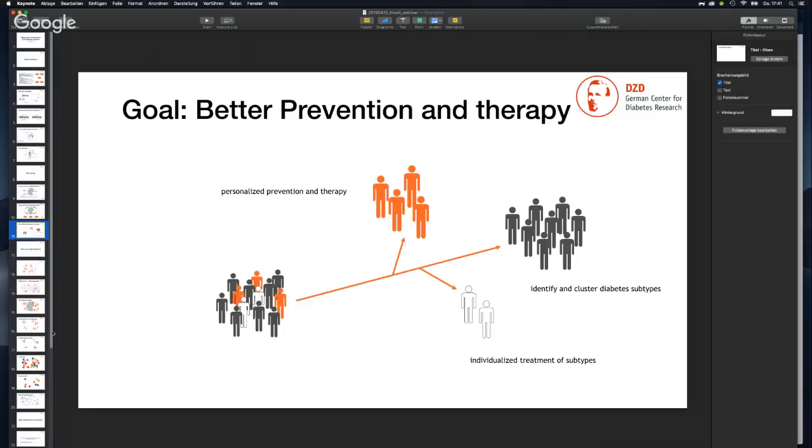And what we usually have is a population here, and they have different subtypes of diabetes, and we want to cluster them and identify the clusters, so the subtypes of diabetes, if they respond to a specific therapy or to a specific prevention strategy. And we want to provide individualized treatment of these subtypes.